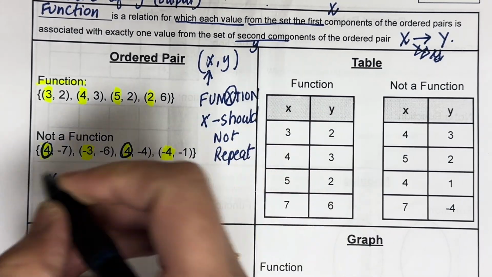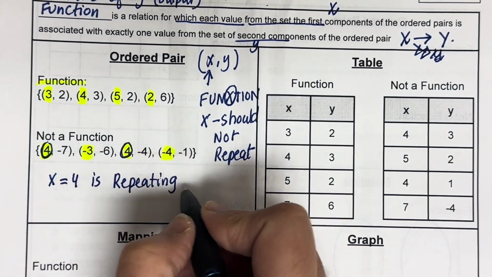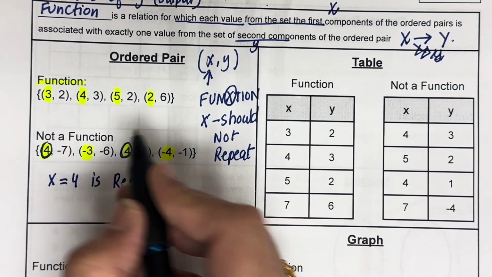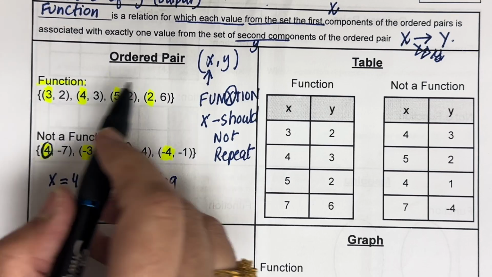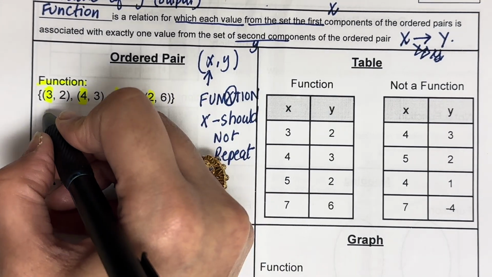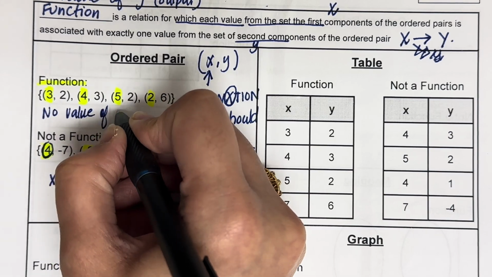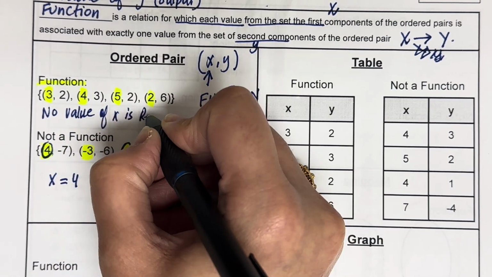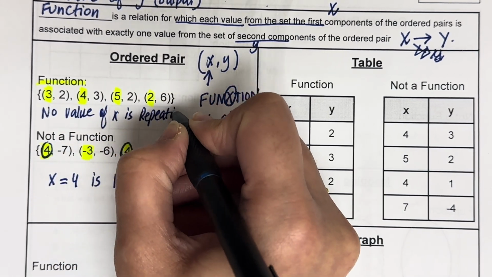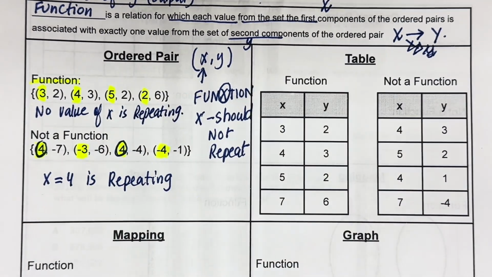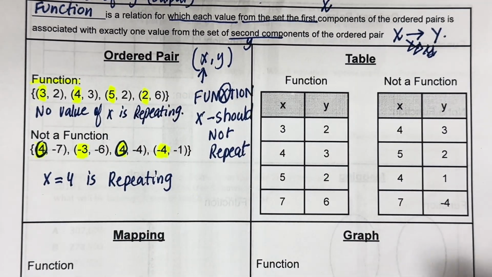That is why it is not a function. Why is the upper one on the top a function? No value of x is repeating. So that's what you have to remember.